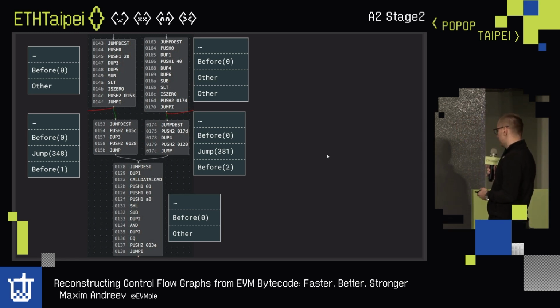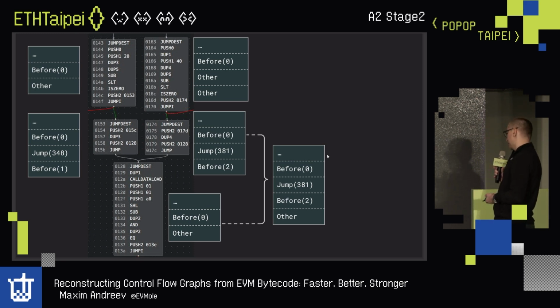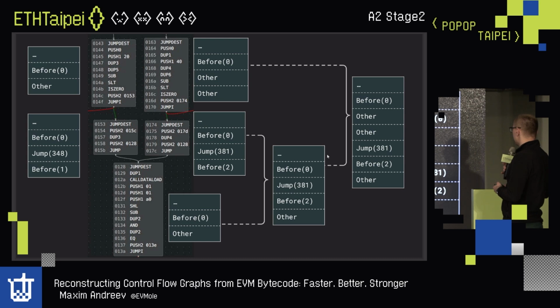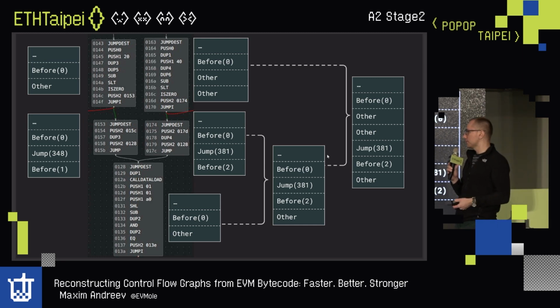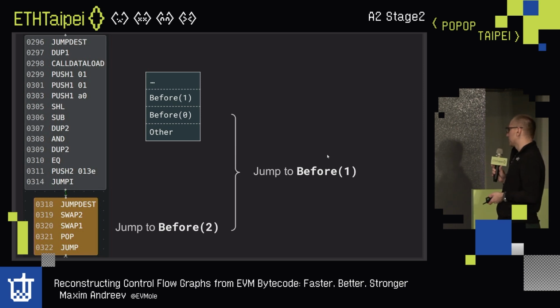We know stack states for each parent of this block, and we can collapse these into this. We take the top location of the parent stack, so before 0 becomes the value at 0, then before 2, and then we copy the values of the parent stack. Same thing for this. So this branch can be collapsed to this in terms of the modification of the stack after execution of this block.